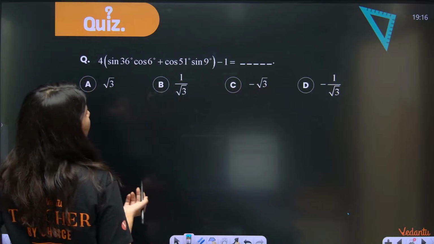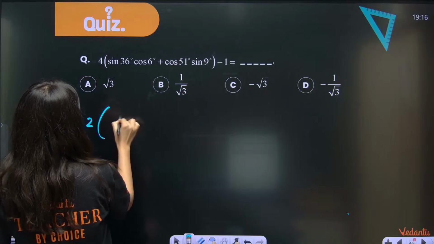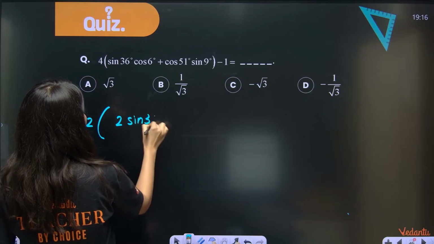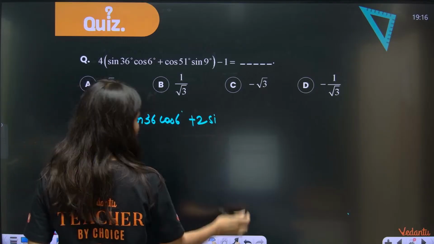Now again, I think 4 is there, no? 4, so 2. 2 sin 36 cos 6 plus 2 sin 2 cos 57.